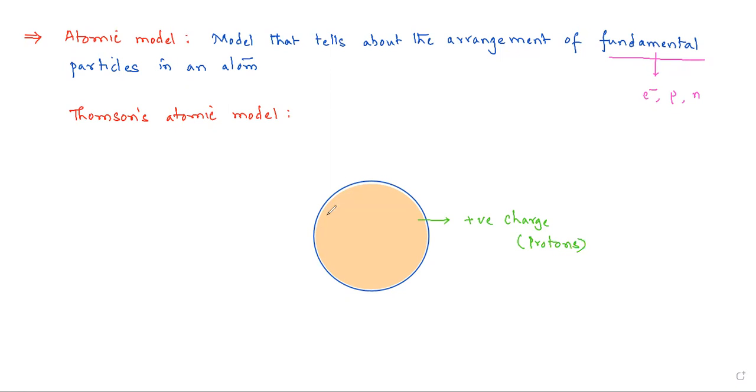And you know, the electrons are embedded. Electrons are arranged. Let me just draw them this way.